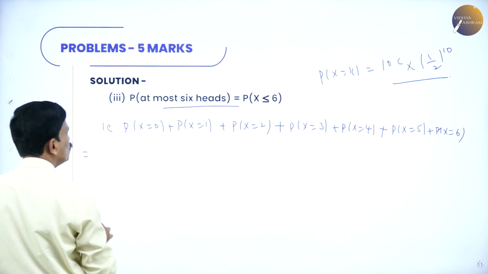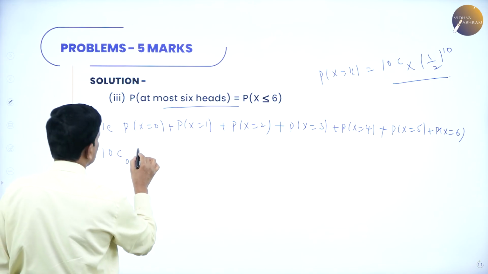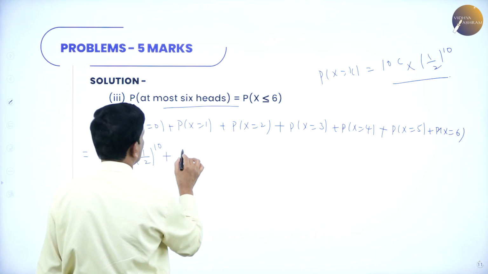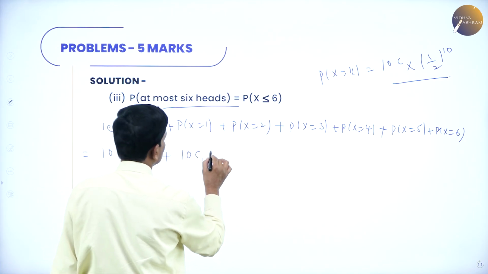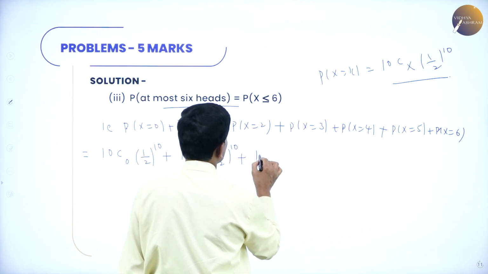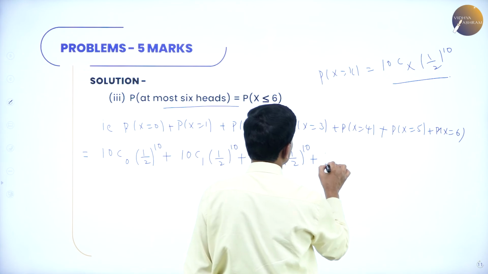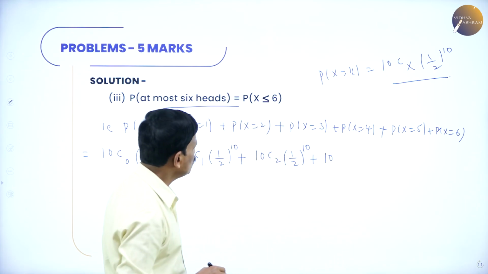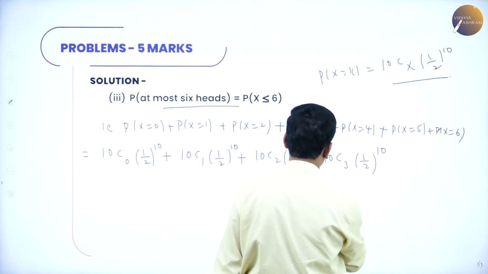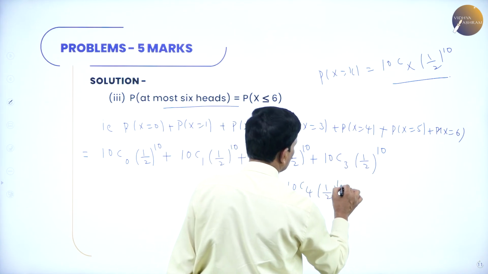So this is equal to probability of x is equal to 0 means 10c0 into 1 by 2 to the power of 10 plus probability of x is equal to 1 means 10c1 into 1 by 2 to the power of 10 plus when x is equal to 2 means 10c2 1 by 2 to the power of 10 plus when x is equal to 3 it is 10c3 1 by 2 to the power of 10 plus when x is equal to 4 this is 10c4 1 by 2 to the power of 10.